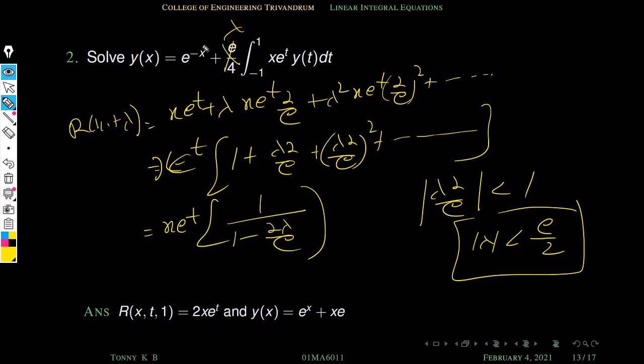That means this problem, y(x) equals e^(-x) plus lambda integral from -1 to +1 of x e^t y(t) dt, has a solution only when the modulus of the parameter is less than e/2. Anyway, you can solve this problem in general using lambda, with only one restriction: the problem has a solution only when mod lambda is less than e/2.